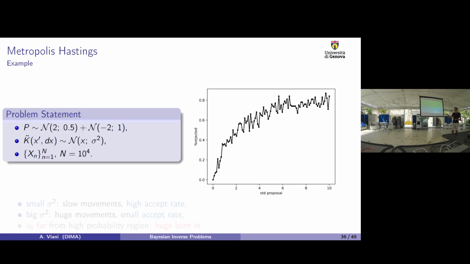Maybe because it means that you accept a lot, you accept 80% of the time, so the chain moves and you reach the limit faster, but you don't accept the terrible choices. You just accept the majority of the time.